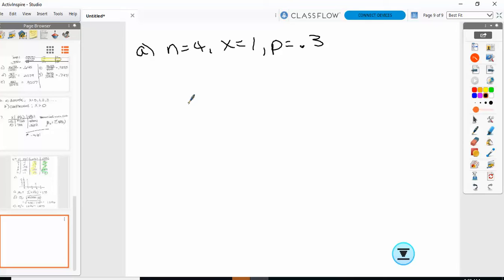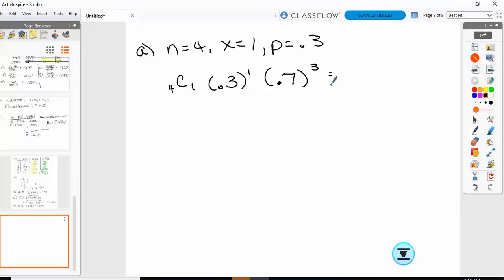So if I say to calculate it, that means I want you to do it by hand. You better show me work. So the formula, it's on our formula packet, it says N choose X. So 4 choose 1, P, so 0.3 to the X, 1 minus P, so 0.7 to the N minus X, so 4 minus 1 is 3. Does everybody remember how to put the choose in your calculator?